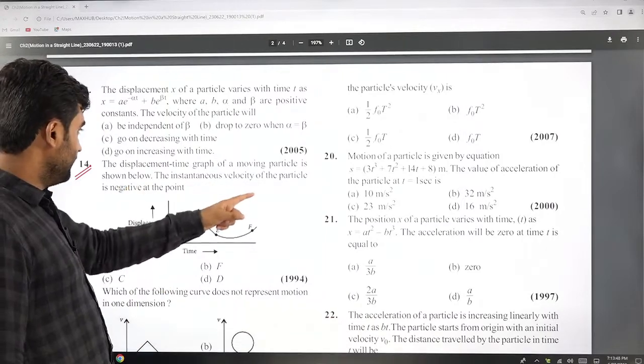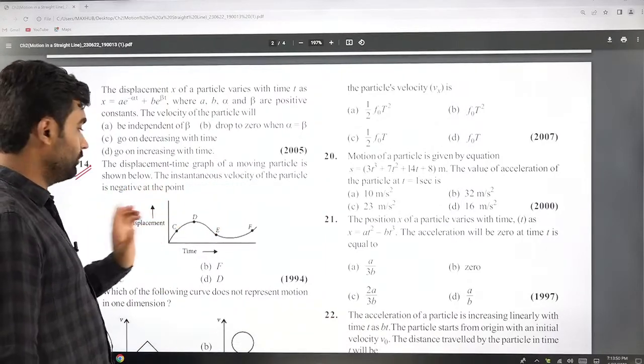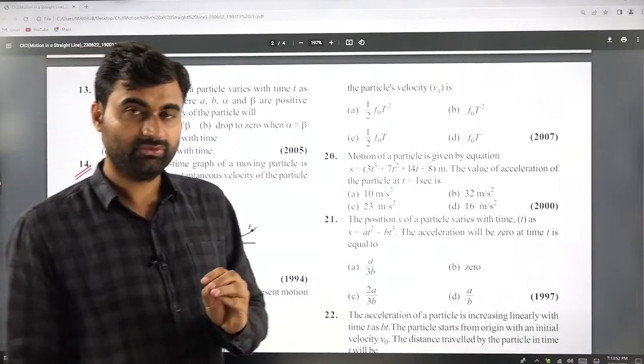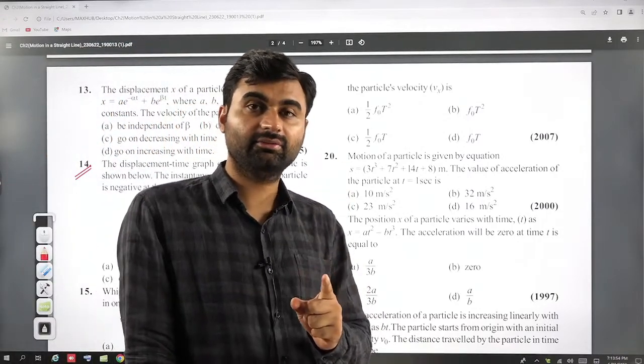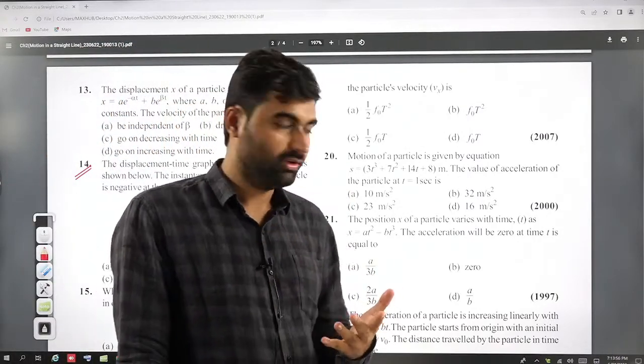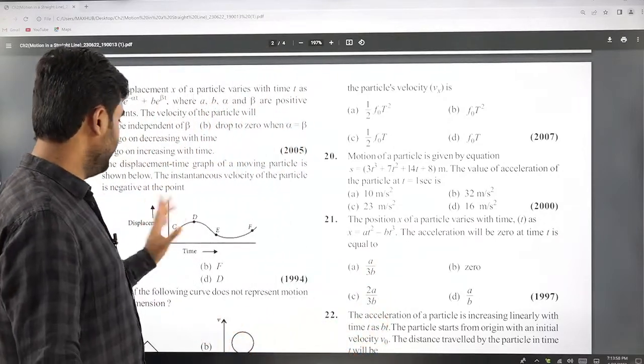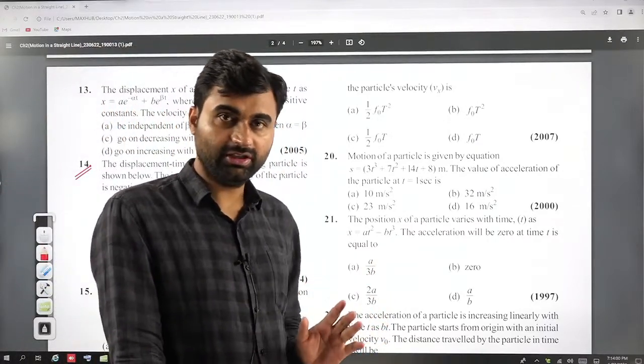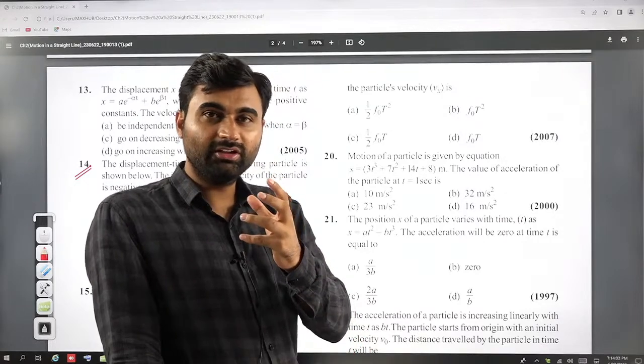The instantaneous velocity of the particle is negative at the point. We have to check where instantaneous velocity is negative, okay, that we have to check, right. So negative velocity means what?